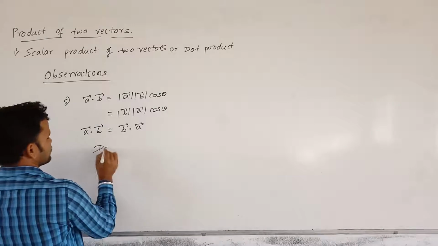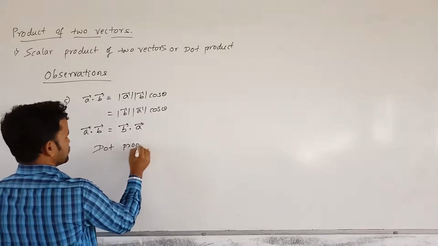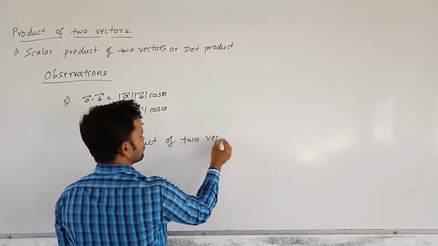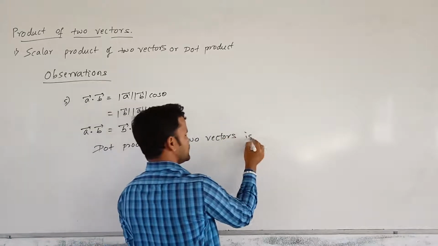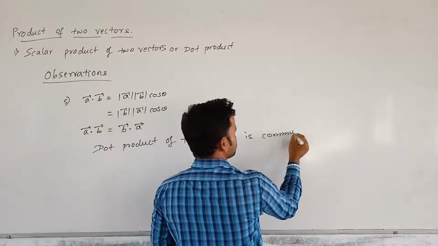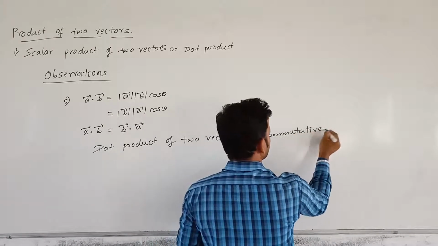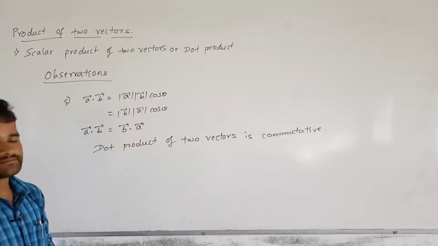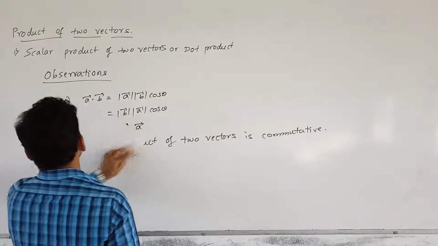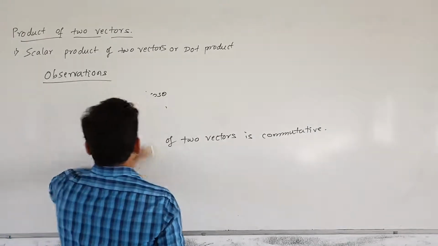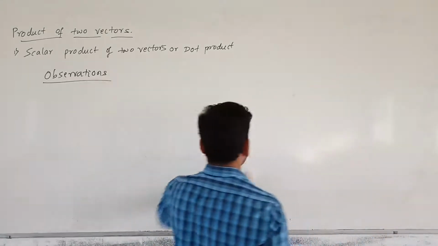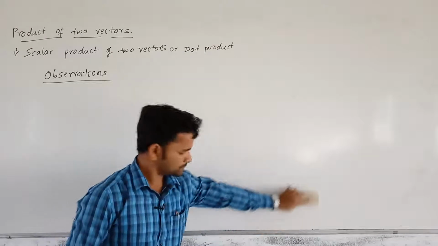I can write here, dot product of two vectors is commutative. Fifth observation got over. Now we will move on to the sixth observation.